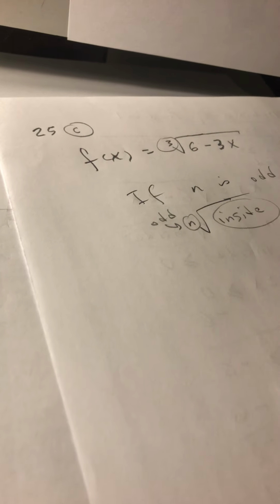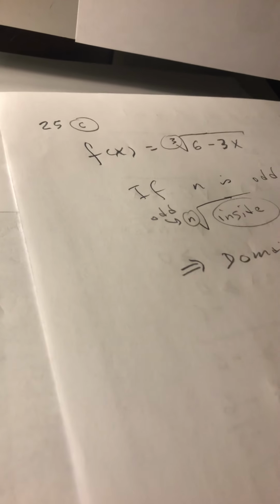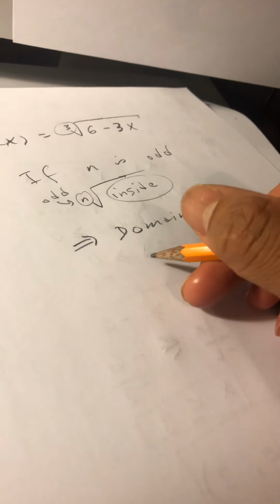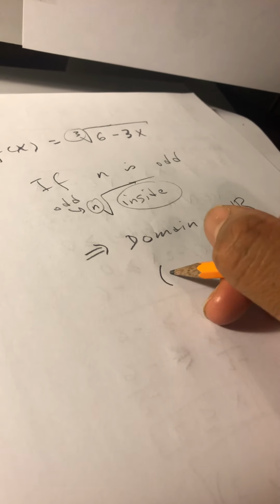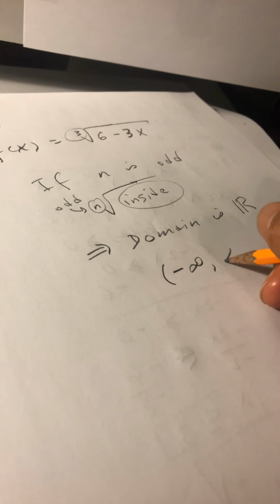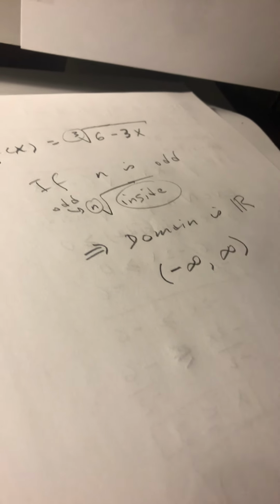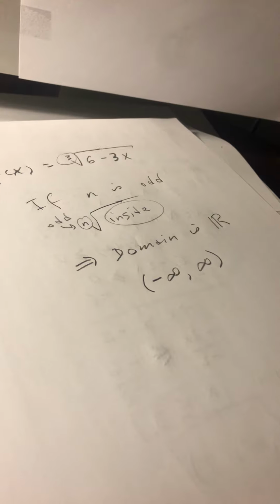If this is odd, then this implies that the domain is all real numbers. So the domain is all real numbers, which is negative infinity to positive infinity. Written like that, all right?